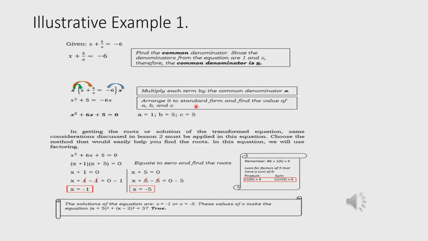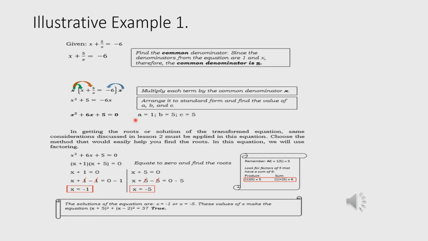Arrange it to standard form and find the values of a, b, and c. So here is our standard form from the original rational equation. Now we have x squared plus 6x plus 5 is equal to 0.